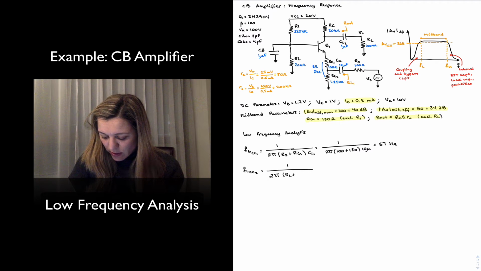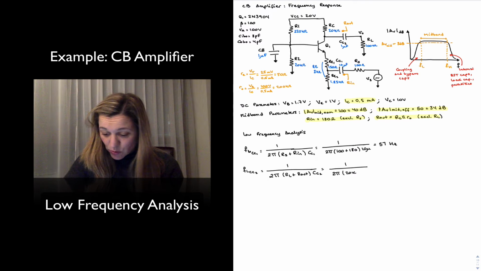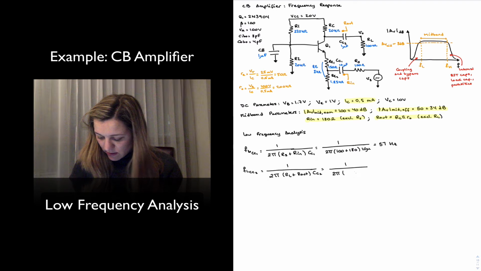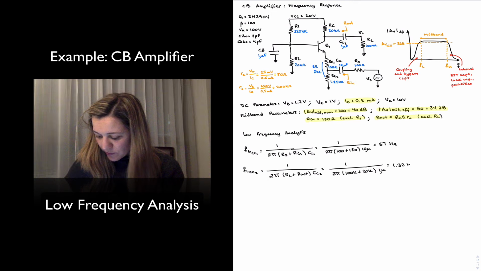So RL plus Rout times CC2, which will be 1 over 2 pi, RL is 100K, Rout we calculated to be 20K, times 1 micro, and that yields 1.32 Hertz.